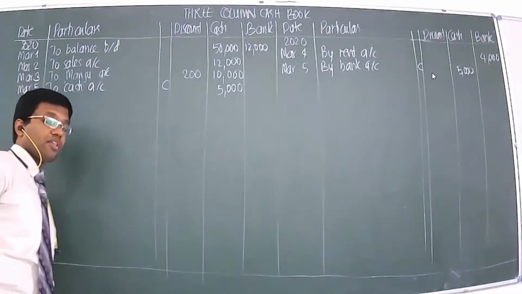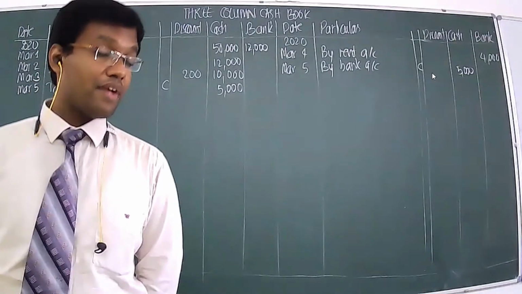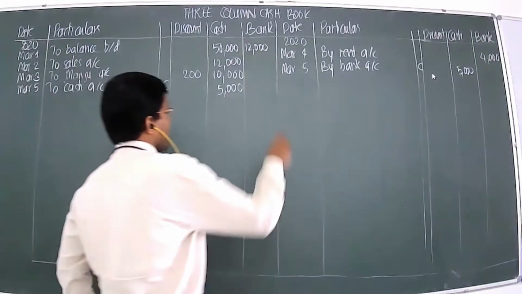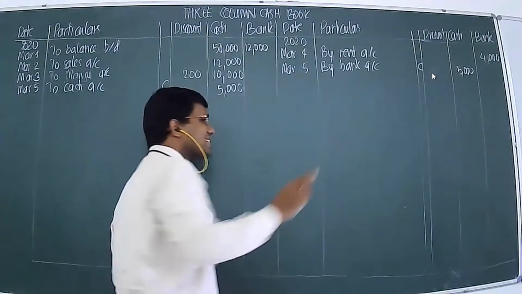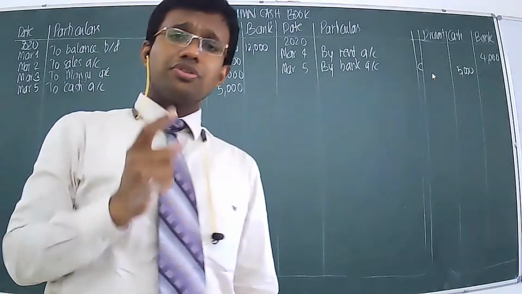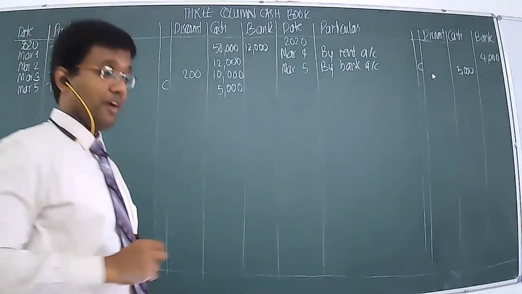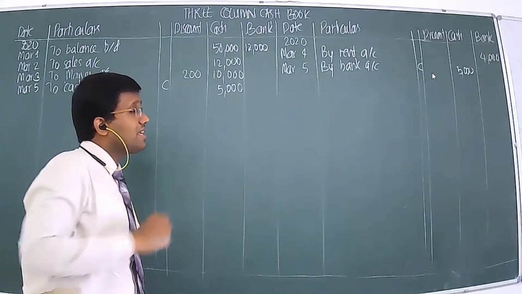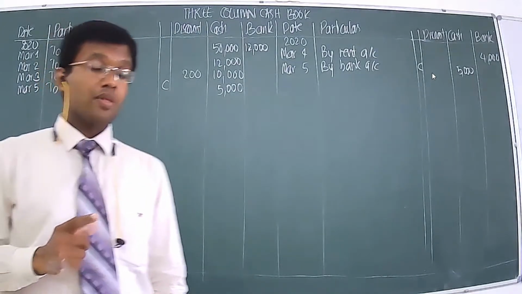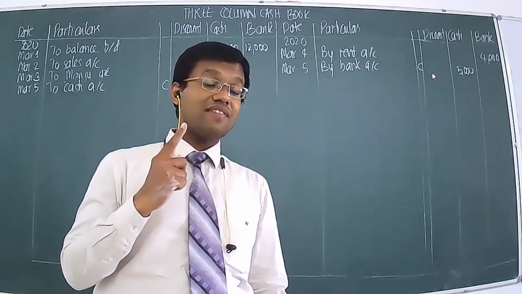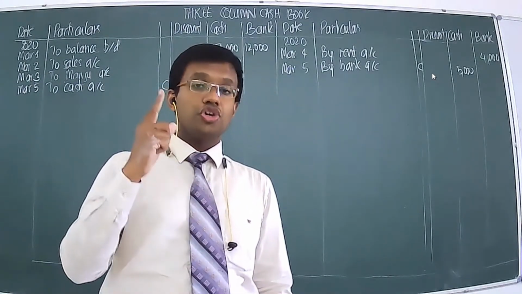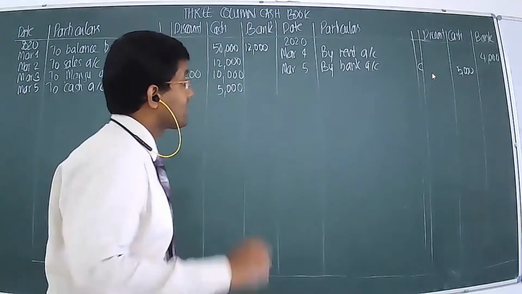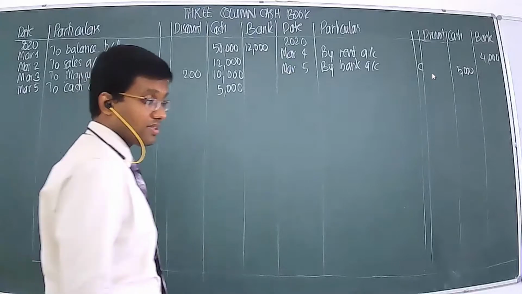Received a check of 5,000 in full settlement of 5,200 from Oliver and deposited into bank. So March 6th, what is happening is you're receiving some money from Oliver. But how exactly are you receiving the money? You're receiving the money in the form of check. Not only are you receiving the money in the form of check, you're depositing the check into bank as well, on the same day.